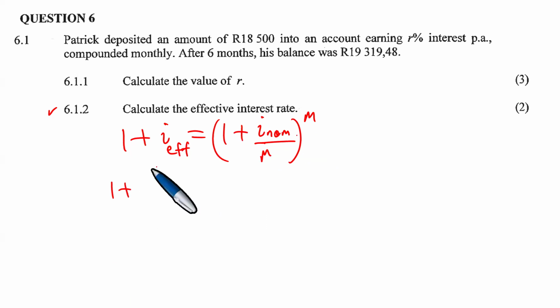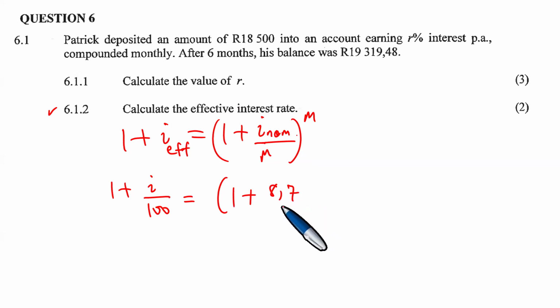Obviously, we want to calculate the effective interest rate at this point. So to calculate the effective interest rate, we're going to say i over 100 is equal to 1 plus the nominal rate, which is what we got in the previous question, 8.7.